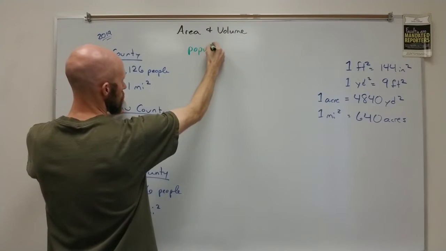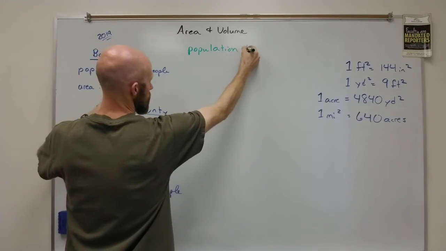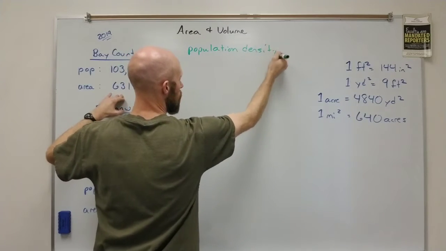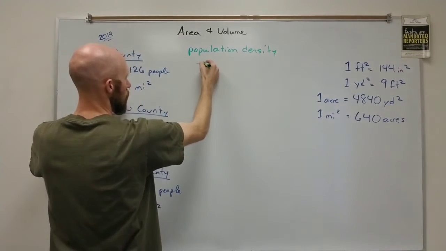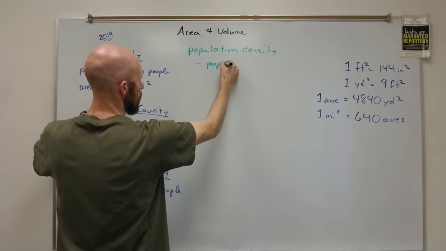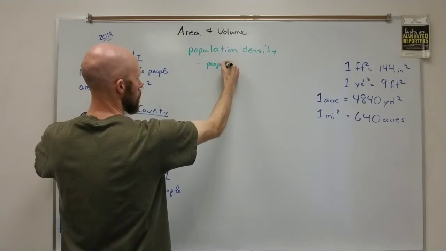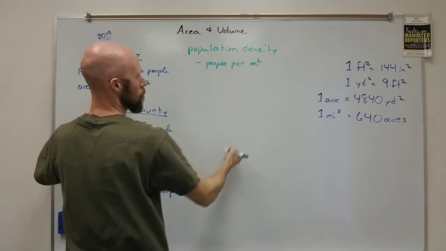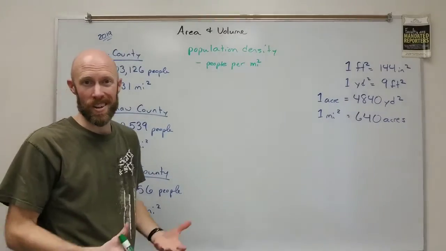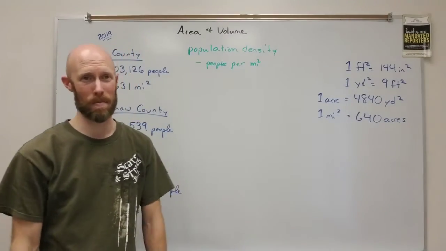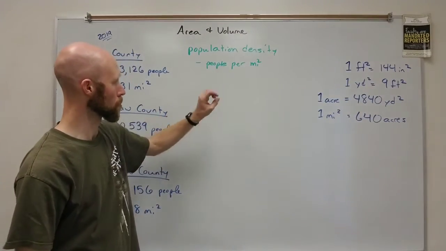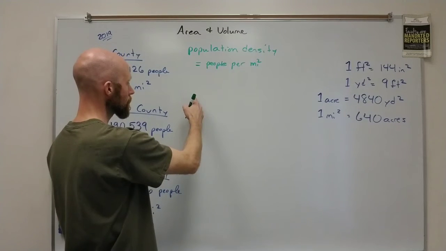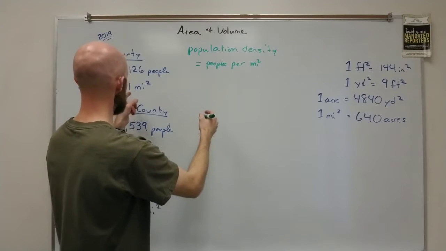So population density is people per square mile, or you can do people per acre, I suppose, if it was very dense. That might even make sense too, but we're going to go with people per square mile. Okay, so that's your density. So let's make that calculation.